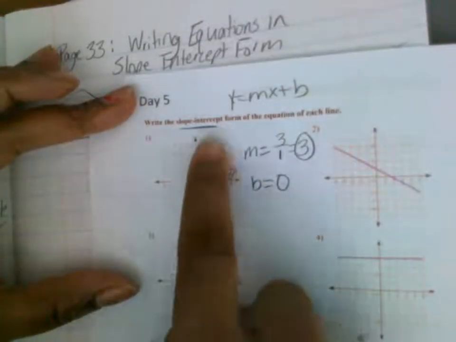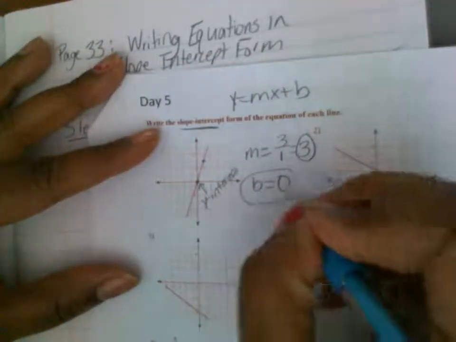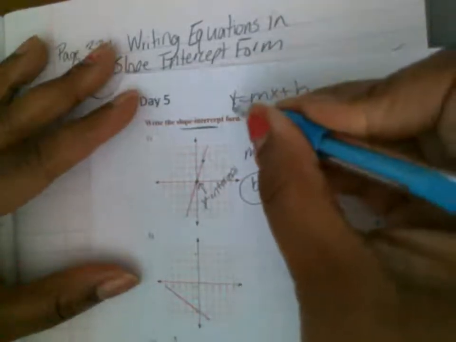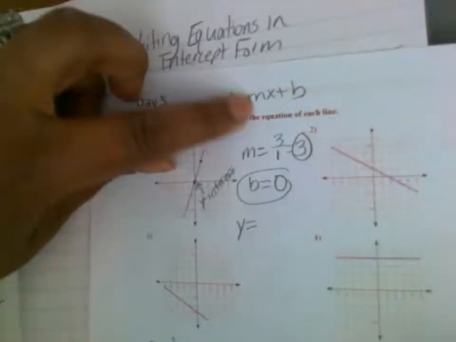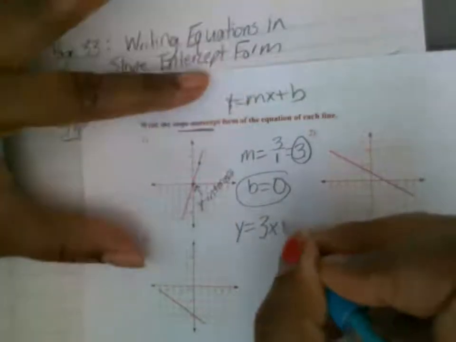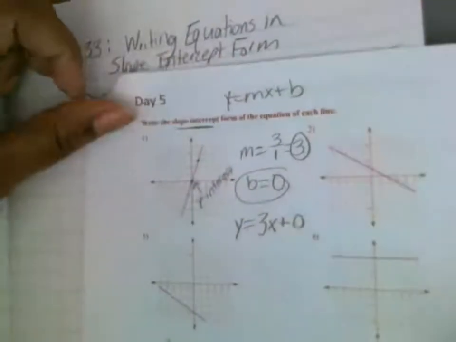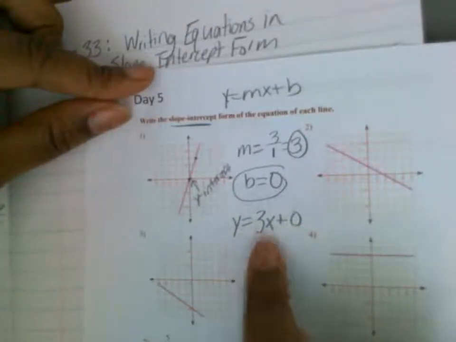So this is my y-intercept, wherever it crosses the y-axis. So my equation, I have m and I have b. Now writing y equals mx plus b form, my equation is y is equal to, my m is 3, so I have 3x plus 0. Or I don't even need to write 0, I can just write y is equal to 3x.